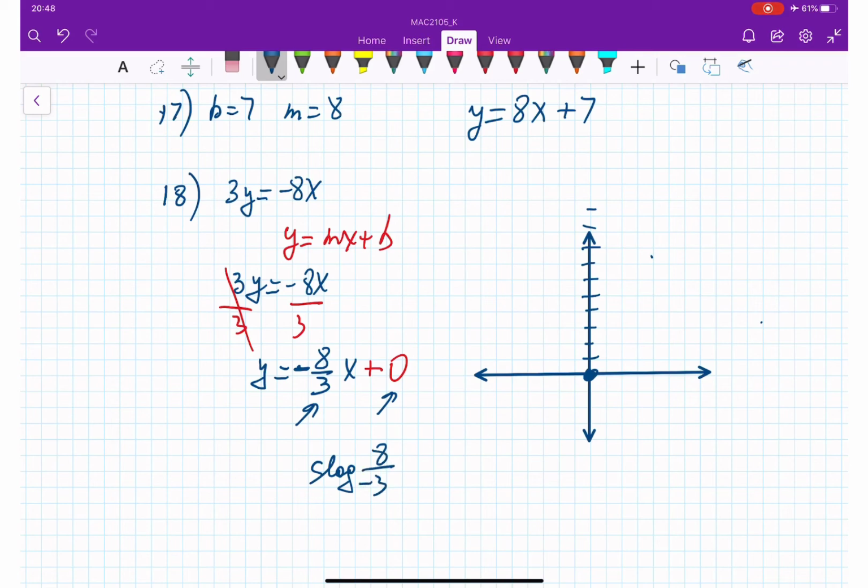Because I want to go up, not down, by 8. That's why I'm taking 8 positive. So 1, 2, 3, 4, 5, 6, 7, 8. And then I have to go negative 3 to the left. 1, 2, 3.